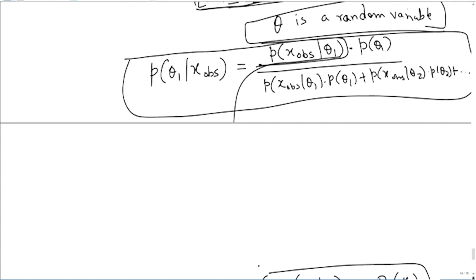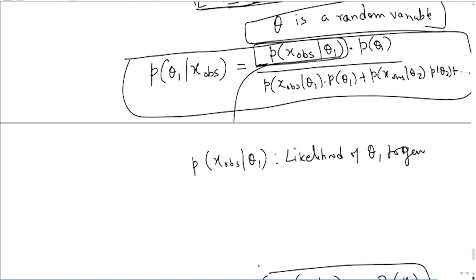Okay, so the first term in the numerator, P of x obs given theta 1, is the likelihood of theta 1 to generate the data x obs. That is, how likely is this parameter value theta 1 to generate the data x observed. Okay, so this term is the likelihood. So likelihood of theta 1.